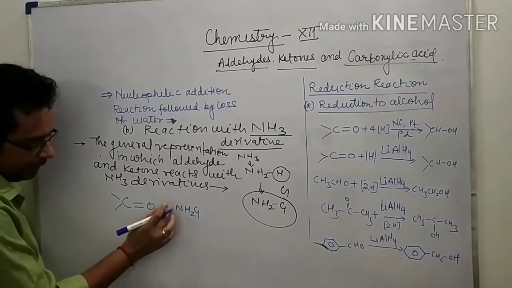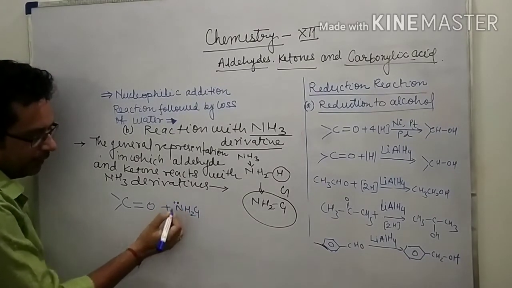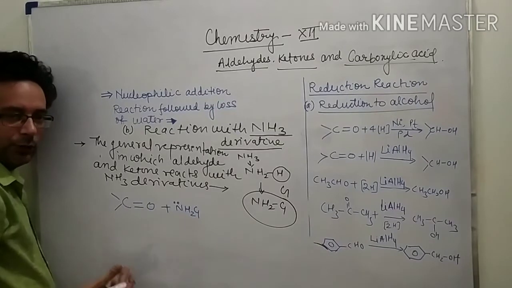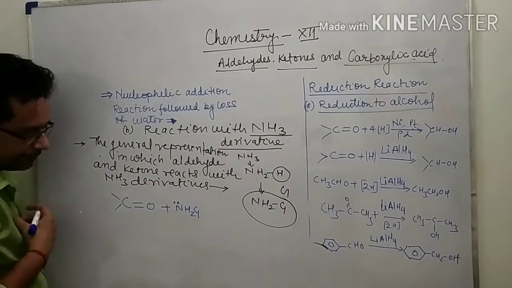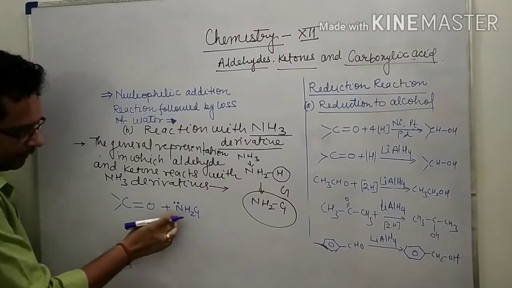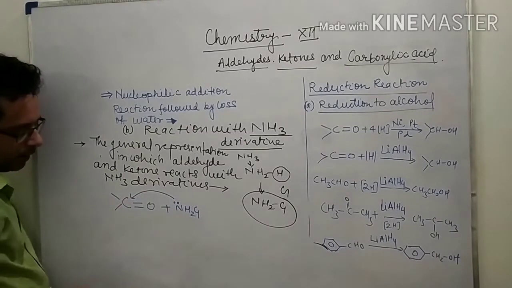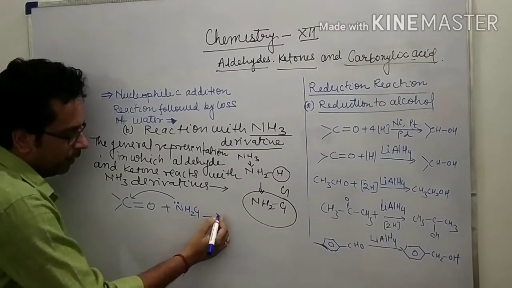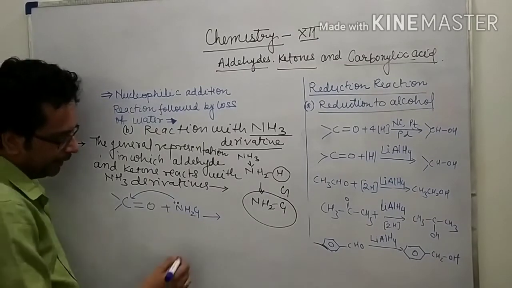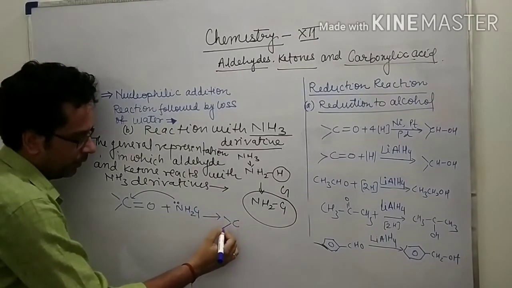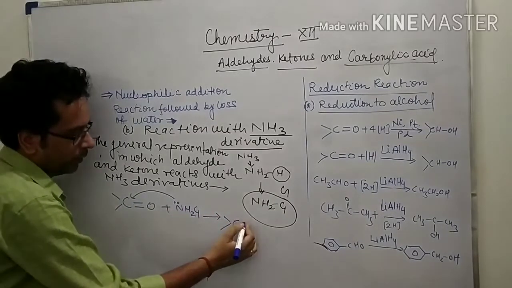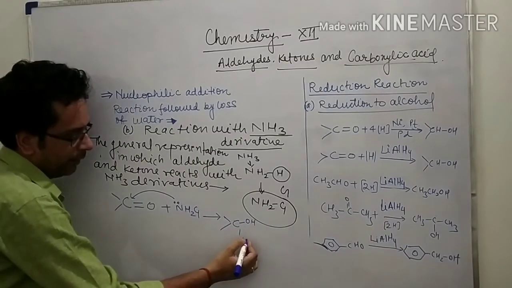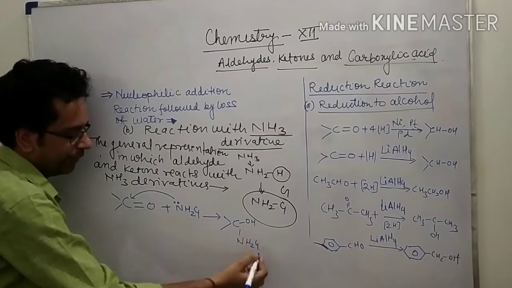Now all of you know very well that ammonia contains a lone pair of electrons. Now the pi bond shifts towards oxygen because oxygen is more electronegative than carbon. So it attacks the carbon atom of the aldehyde or ketone to form an unstable product like this: carbon with OH and NH2G.